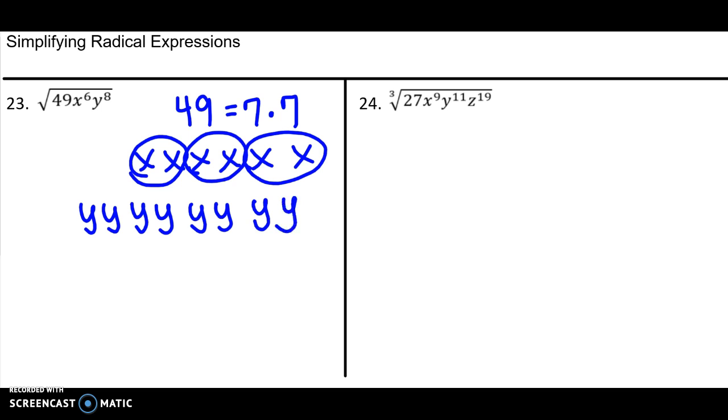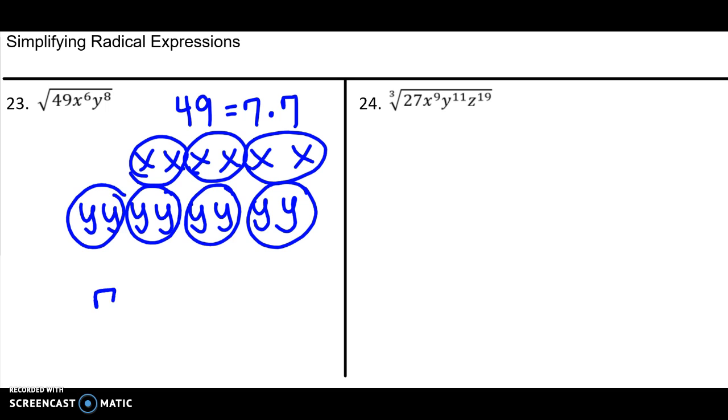Again, we're looking for the square root, so we're trying to make pairs. We have 1, 2, 3, 4 pairs of y's. So the square root of y to the 8th would be y to the 4th power. So our answer for this question is 7 x to the 3rd power, y to the 4th power.